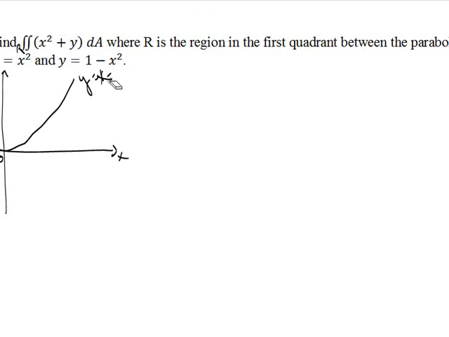And then we want y equals 1 minus x squared. And the region we are looking at is the region in the first quadrant. Okay? So this is the region that we want.